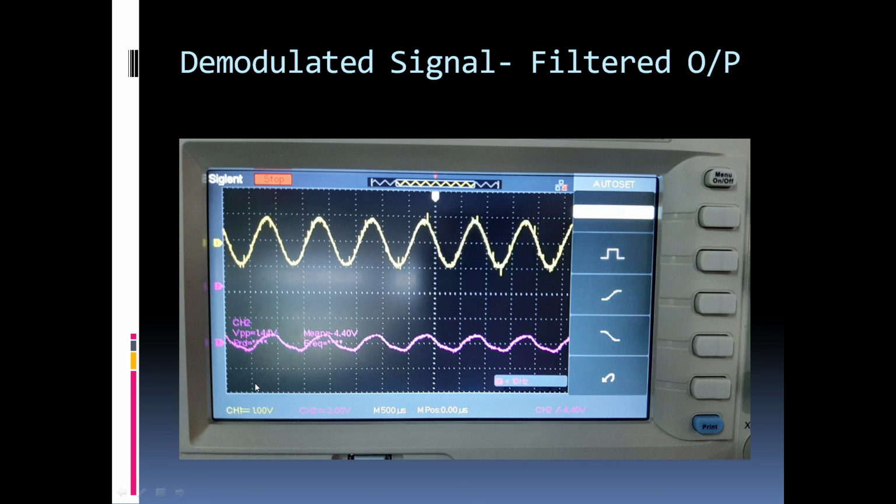The output is still somewhat distorted, but I think it is more or less following the original audio signal. So this is how the delta modulator demodulator experiment is demonstrated on the Sigma delta modulator demodulator circuit.